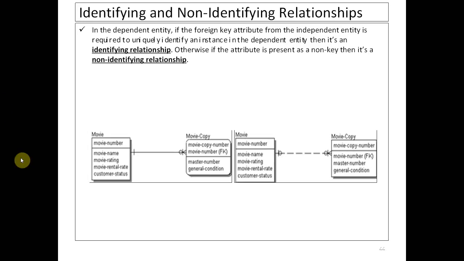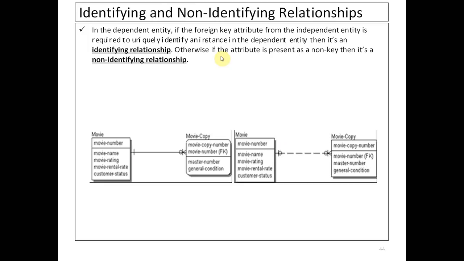That is, in the child entity movie copy, the modeler requires the movie number from the strong entity movie to identify a particular row or instance in the movie copy, since the movie number and movie copy number together form a composite primary key. So in that case, it is an identifying relationship.